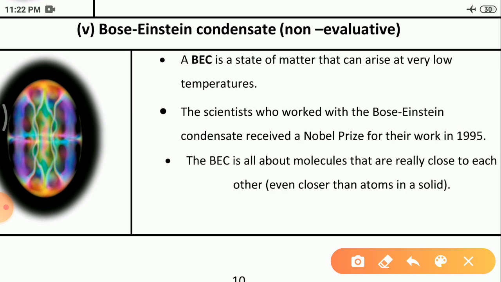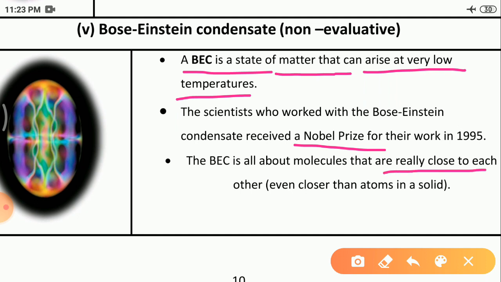So a BEC, or Bose-Einstein condensate, is a state of matter that can arise at low temperature, and the scientists who discovered this BEC got the Nobel Prize. The BEC is all about particles that are really close to each other, even closer than atoms in a solid, so their density is very low.